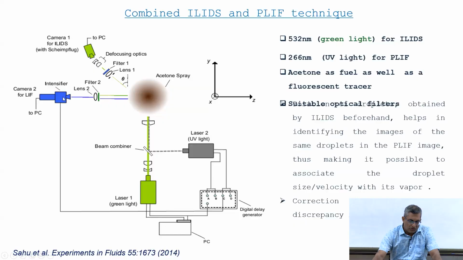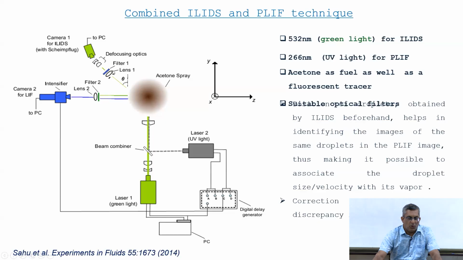Here also we need two different cameras. As you can see here, the eyelids camera, because here we have to arrange the eyelids camera at some scattering angle. So, this is a non-90 degree view as usual for the eyelids camera. However, for LIF the viewing angle is 90 degree.